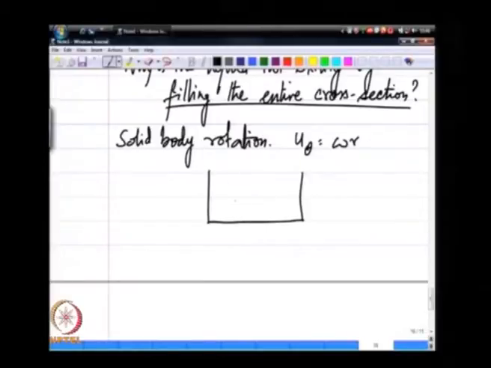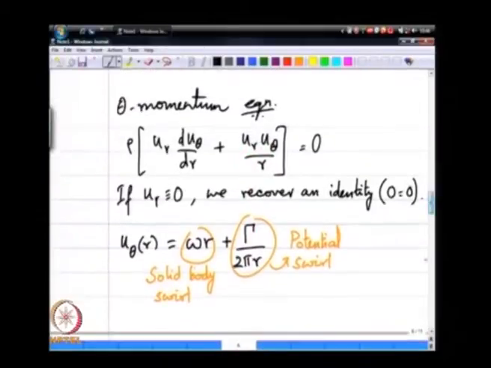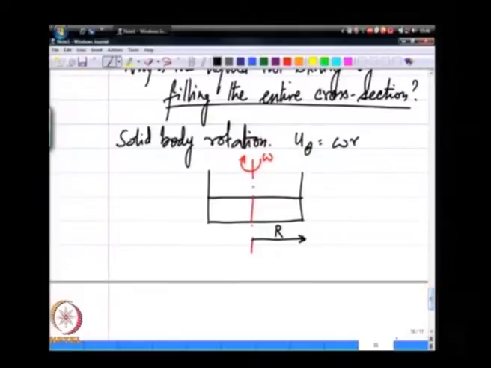So, if I take a container filled with a fluid up to some height h and I spin this about an axis, we have observed this in the past, if not we can easily make these observations, that this fluid meniscus is going to become deformed in the form of a parabola. This is our static steady condition.